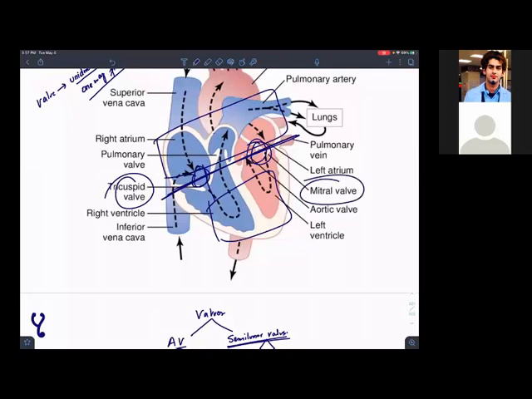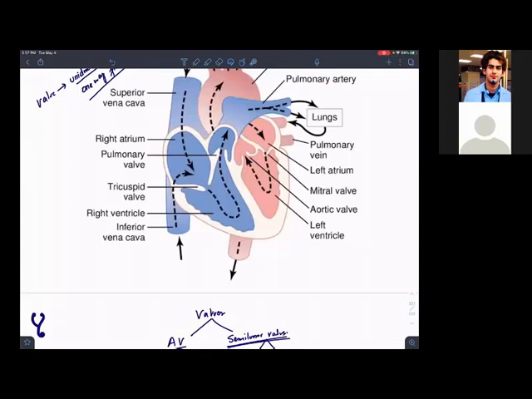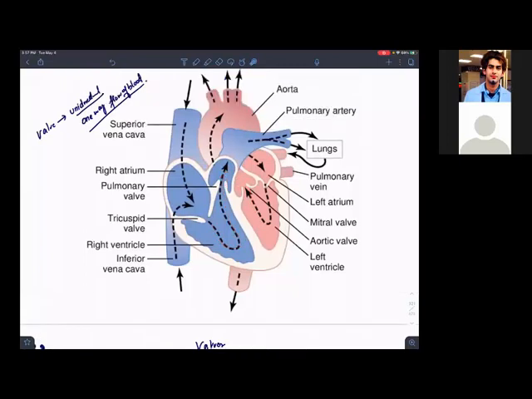Done. AV valve. Now, what is ejecting into the systemic circulation? I should not call it systemic valves. The blood going to the lungs passes the pulmonic valve, because it leads to the pulmonary artery. And this is the aortic valve. Is it clear, friends?